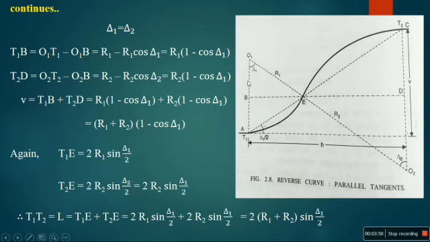We get the length of this side O1B as R1 cos delta 1. You can simplify this to R1 into bracket of 1 minus cos delta 1.